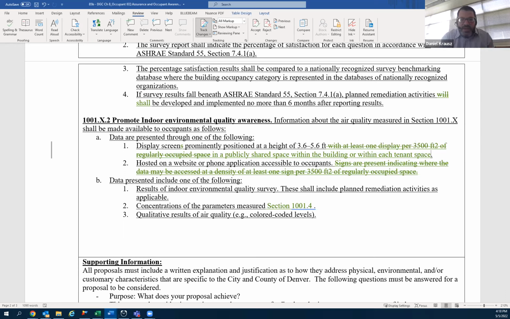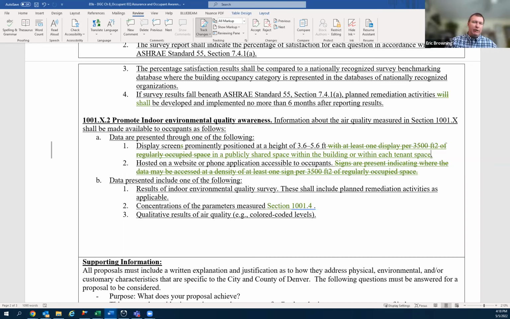If it's a bathroom, that's not prominently positioned. So I think the display screen being required to be prominently positioned already means it has to be in an area that gets high visibility. But I do see where you could have a building that doesn't have a shared space, and therefore each tenant space would require a display screen, so it doesn't have a lobby, for example. Does that work?